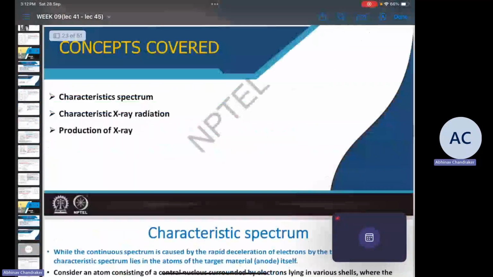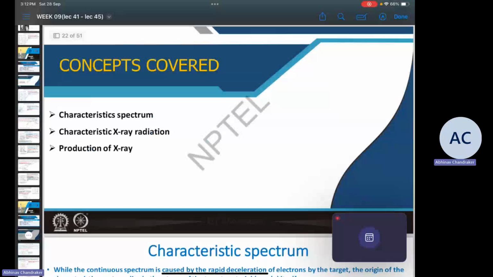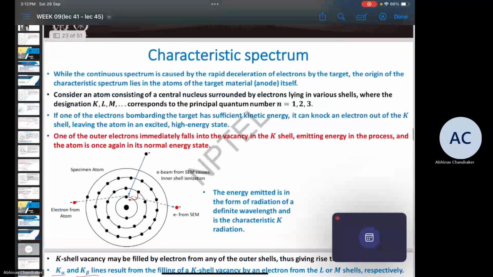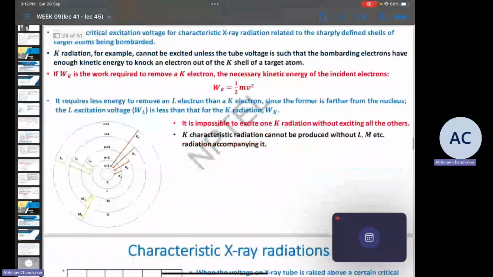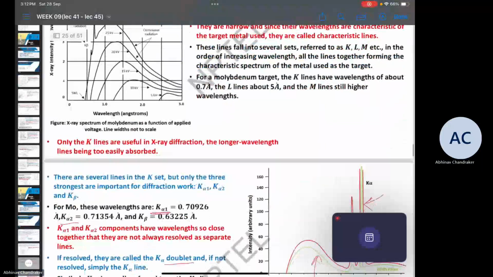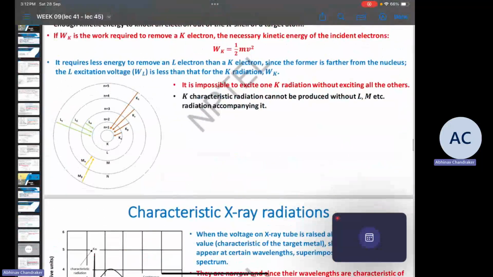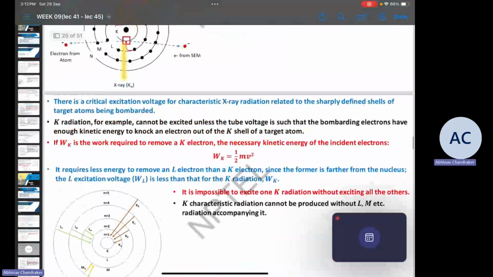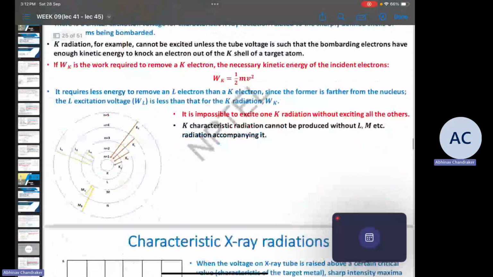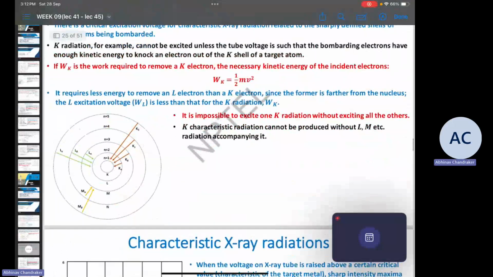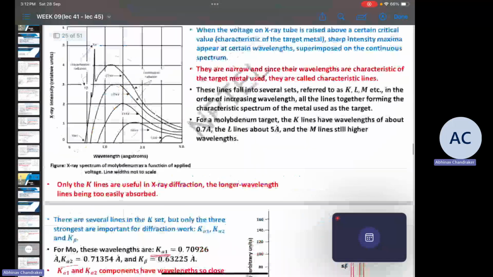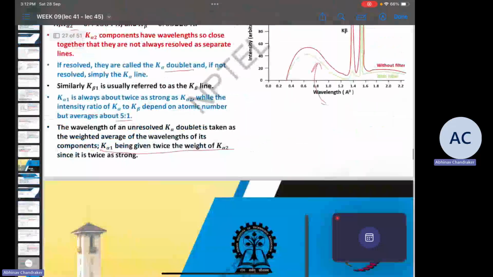Then we looked at characteristic X-rays in particular and how they are produced. Then we also discussed how we can identify and describe each of them, or the terms we use to describe different kinds of characteristic X-rays, for example K alpha, L alpha, K beta.